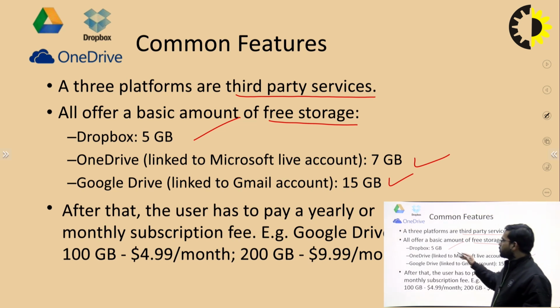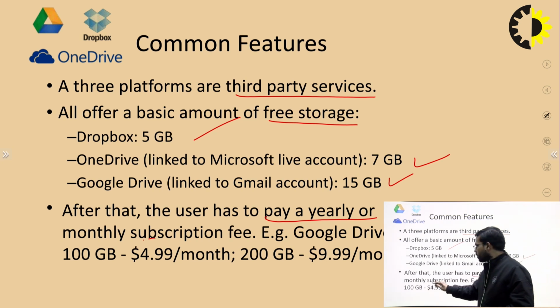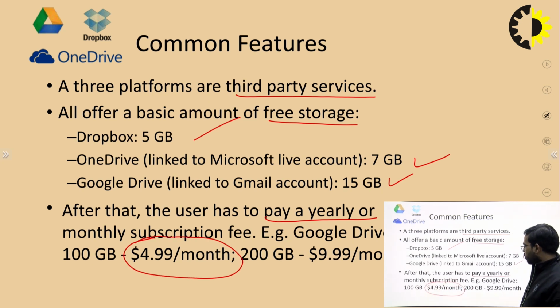Dropbox we use through the App Store, OneDrive with Microsoft Live accounts, and Google Drive with a Gmail account. After that, the user has to pay a yearly or monthly subscription fee. For example, Google Drive 100 GB is $4.99 per month, about $5 per month, like 400 or 500 rupees.